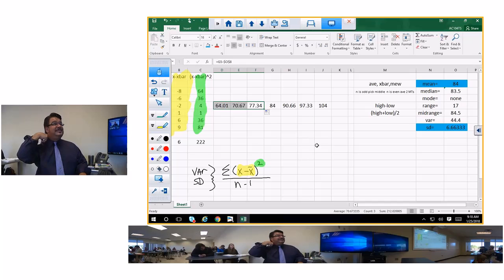So 99.7% is going to fall between 64 and 104 as far as the test grades. Okay? And that's how you do the mean and standard deviation of a data set.